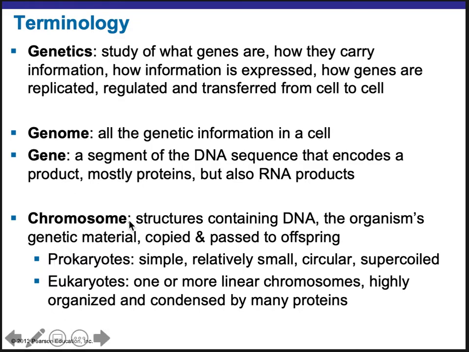Okay, chromosomes, structures containing DNA, and this will be the organism's genetic material. This is the unit that's copied and passed on to offspring. And for prokaryotes, their chromosome is relatively simple, relatively small, and it is circular. So it's one circular chromosome.